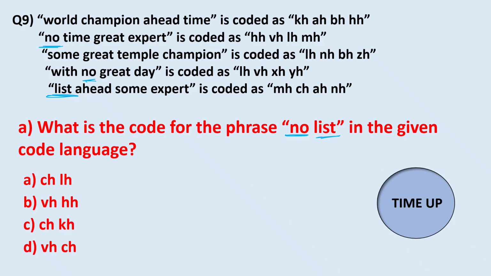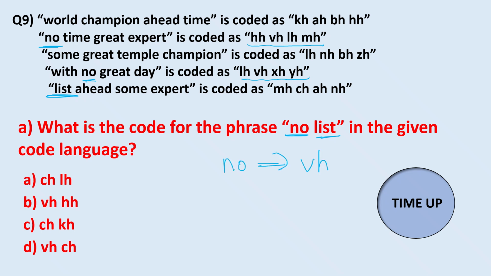Correct? So if I take the no word, for no word here, what is common? VH is common. Correct? Anything else is common? VH is common, correct? So for no, what is the code?